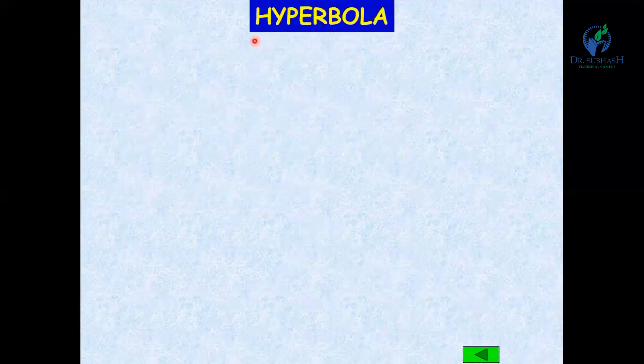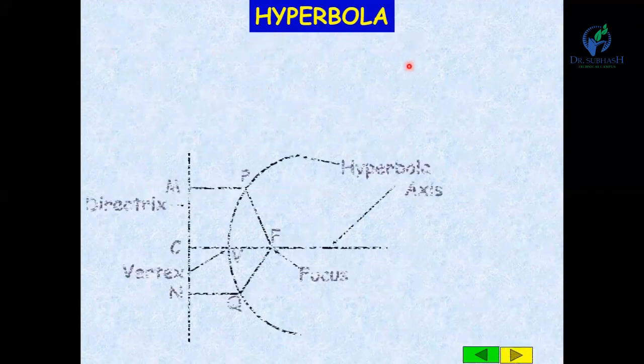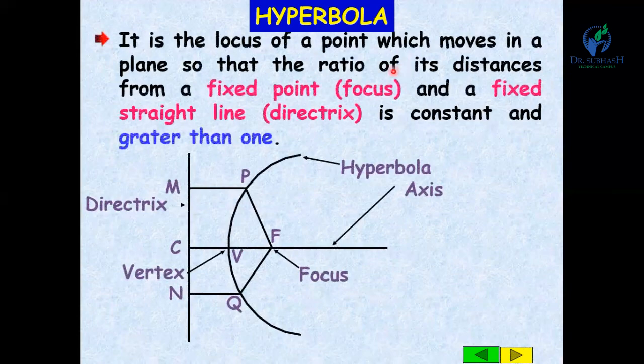Now let us understand what is the hyperbola. First, the definition. It is the locus of a point which moves in a plane so that the ratio of its distance from a fixed point, the focus, and a fixed straight line, the directrix, is constant and greater than 1.